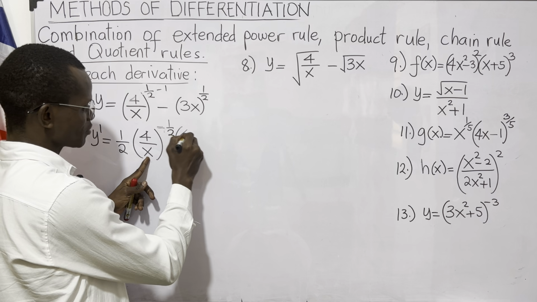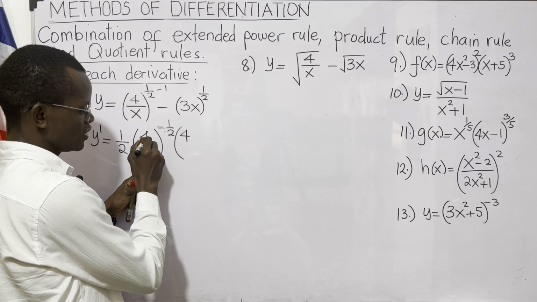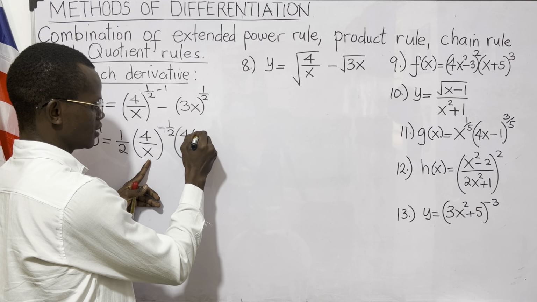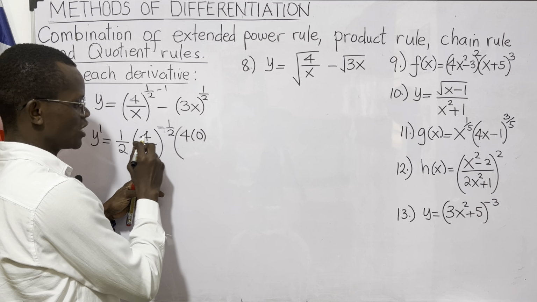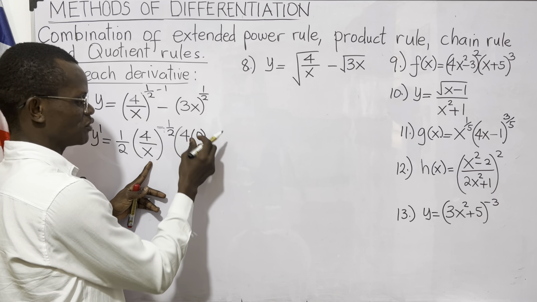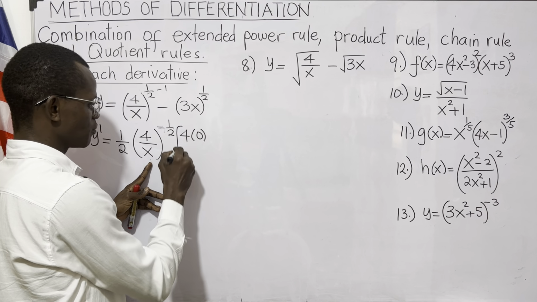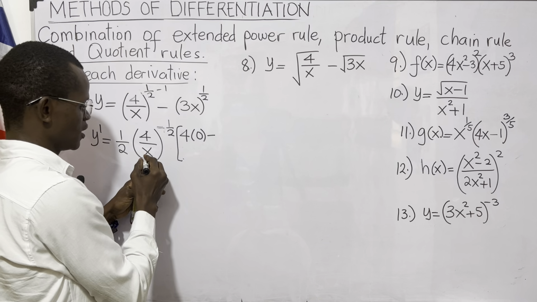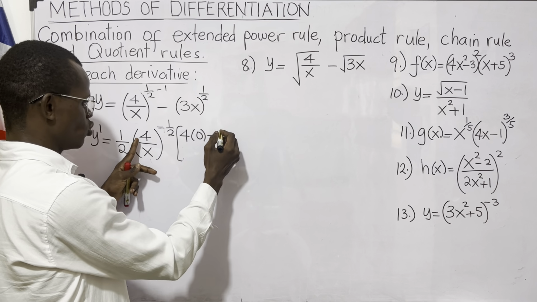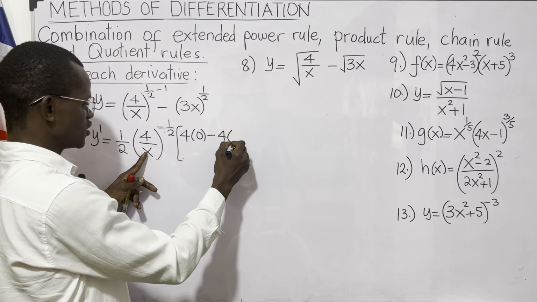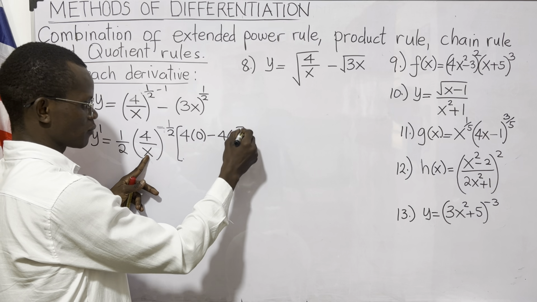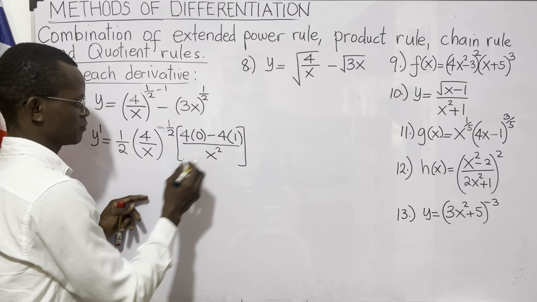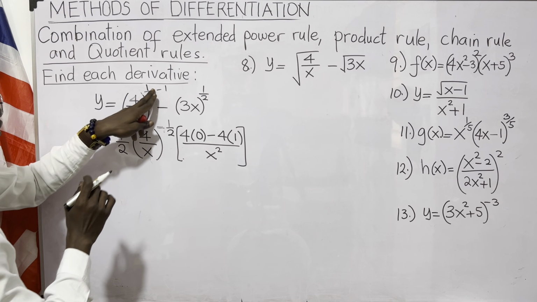We hold x and differentiate this, we get 0, right? So sometimes if you already know that you're going to get 0, you don't even have to write it. But let's do it. So you get 0 minus. So you have to memorize the rule. The quotient rule says minus. You hold 4 and differentiate x, you get 1. Then the rule says you must square the denominator. So we're done with this one.